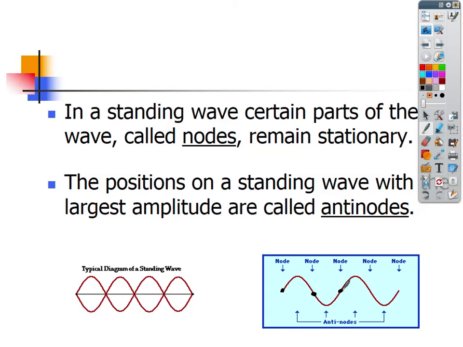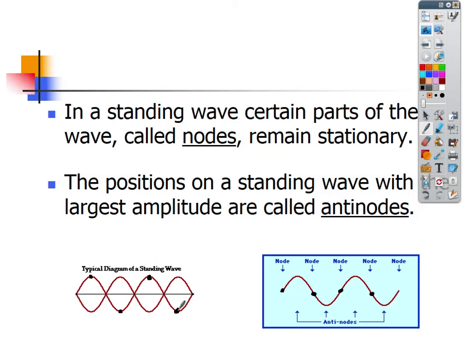Energy is still going through the node, but that's where we have perfect destructive interference occurring all the time. And so it looks like they don't move at all. While with the antinodes, that's where we have some constructive interference occurring, and it's the crest or the trough.